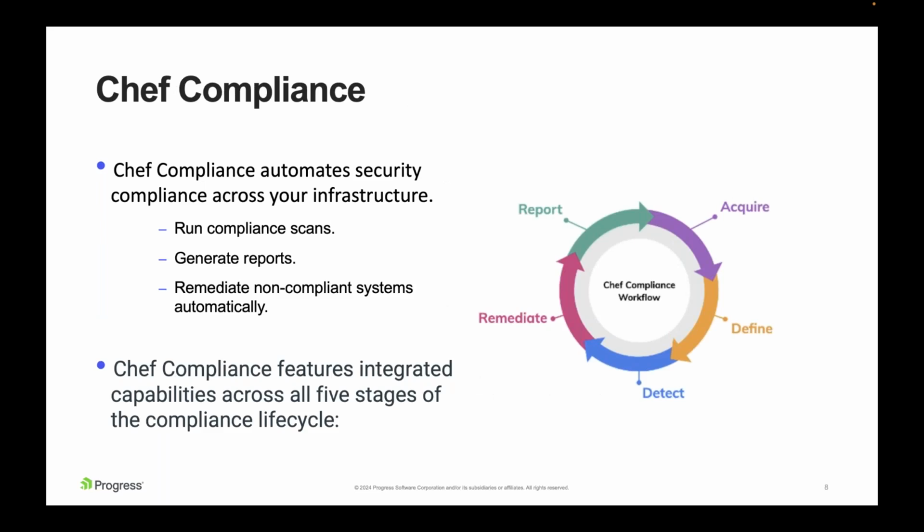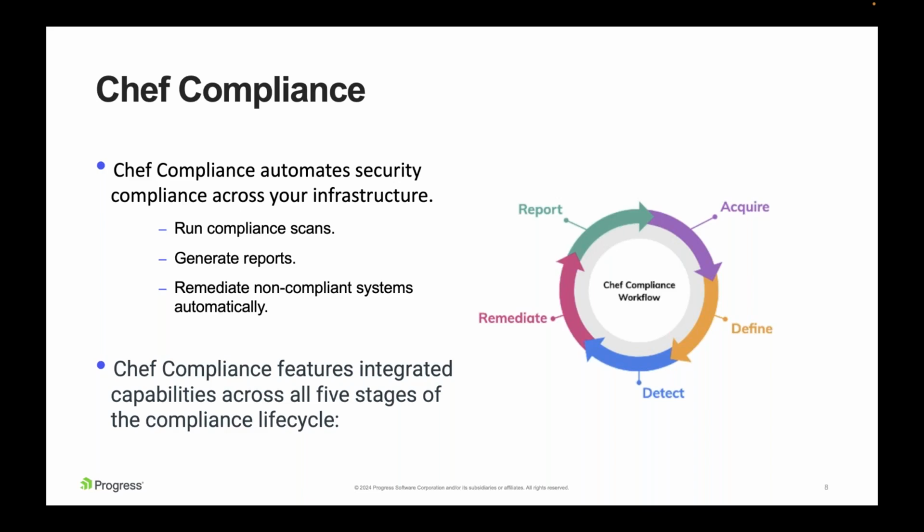To sum up what you can do with Chef compliance, you can run compliance scans against your entire infrastructure. You can generate reports that show you the state of your environment and accordingly remediate the non-compliant systems as well.